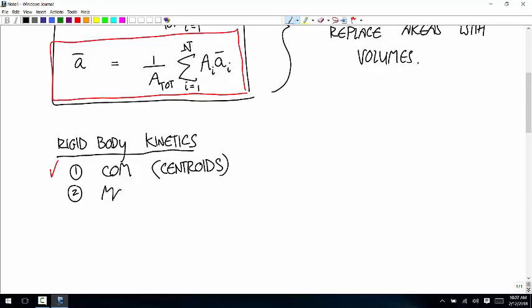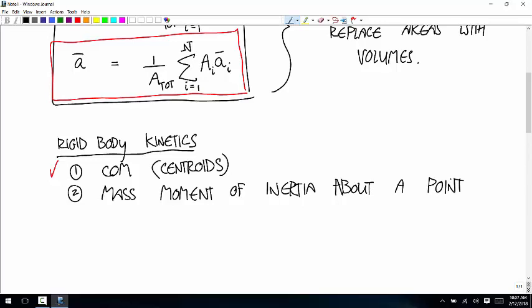And so now we need to introduce 2 other things. The first one is mass moment of inertia about a point. That's a super long thing to say, so people just call it moment of inertia.